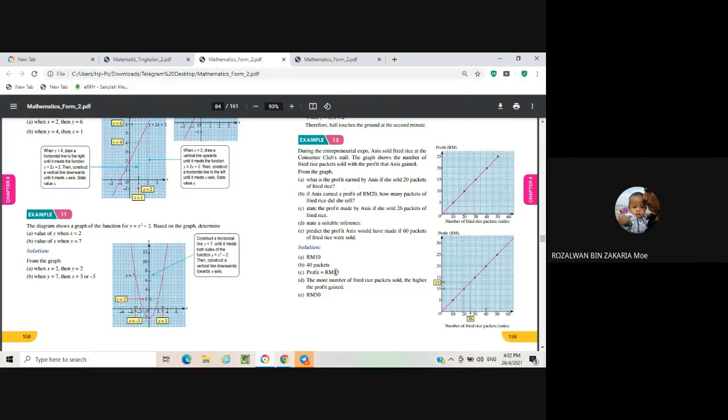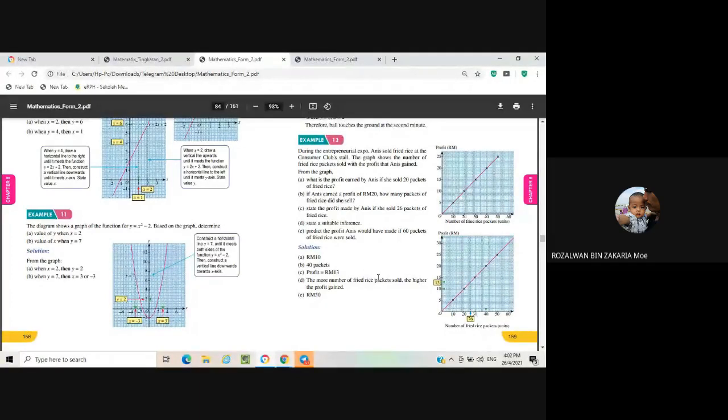Okay, for D, state a suitable inference. So you have to make a conclusion. This graph is about the profits and the number of fried rice packets. So we can write like this: the more fried rice packets sold, the higher the profit gained.